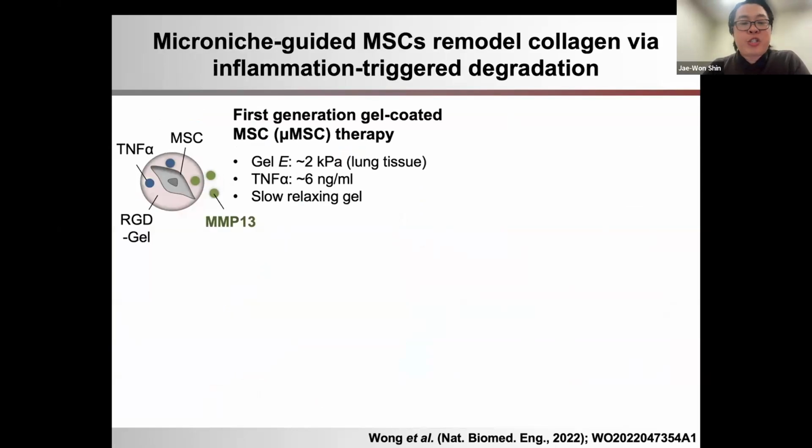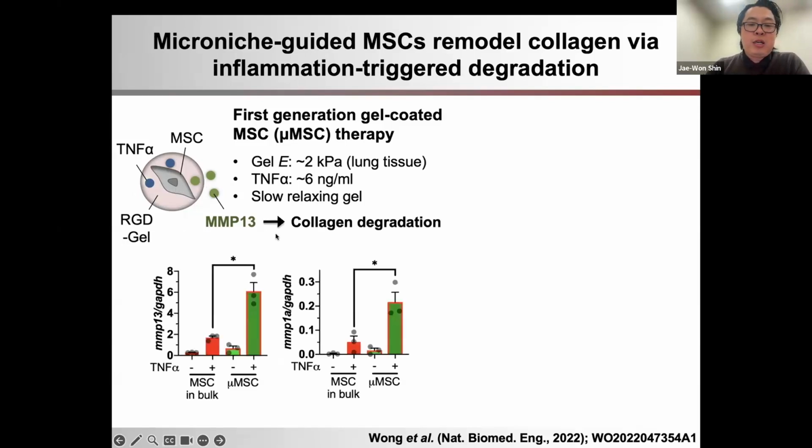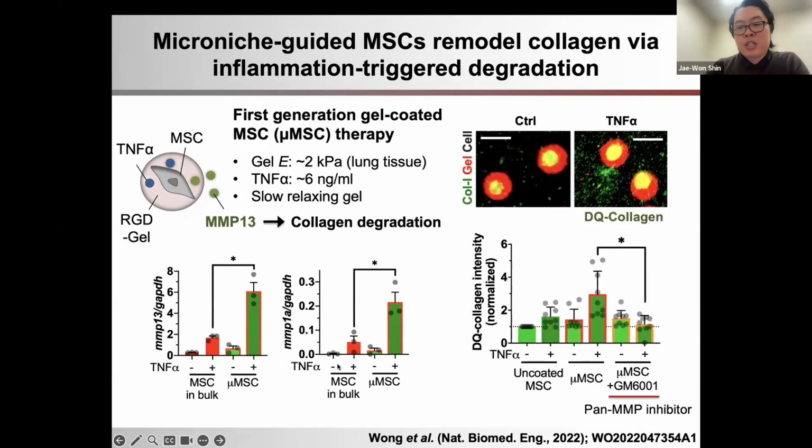And so for the first generation, we indeed demonstrated that by using this single-cell encapsulation, but embedded with the inflammatory cytokine to locally challenge MSCs in this environment, we managed to achieve this property where the enzymes that degrade collagen are constantly secreted. This is just gene expression studies.